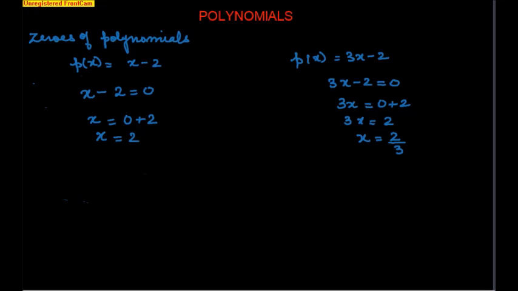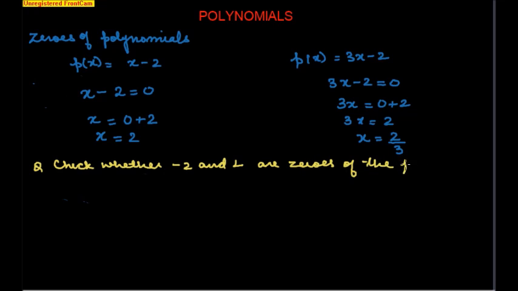Now what kind of question can you get? Let us see. We have the question: check whether minus 2 and 2 are the zeros of the polynomial p(x) equal to x plus 2. First, the number given to us is minus 2.